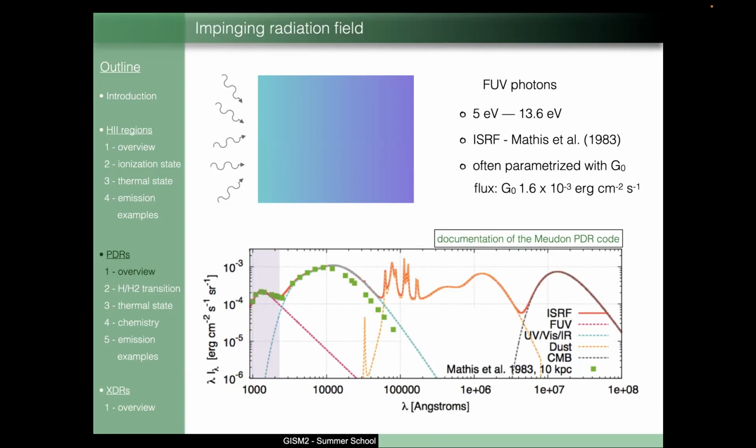Anyone else? So you showed that these 1D models work for Orion. If you just look at local parts of a PDR, of course, the closer you look, the straighter it looks.